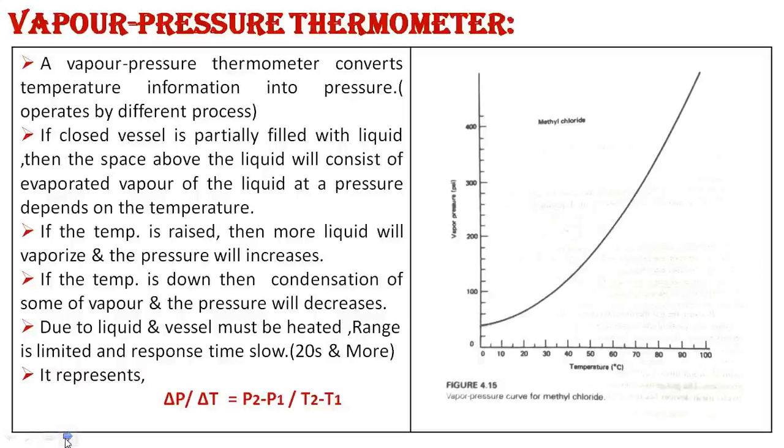If the temperature is raised, more liquid will be vaporized and the pressure will increase. If the temperature goes down, then some of the vapor condenses and the pressure will decrease. Because the liquid and vessel must be heated, the range is limited and the response time is slow, 20 or more seconds. It is represented as del P upon del T is equal to P2 minus P1 upon T2 minus T1.